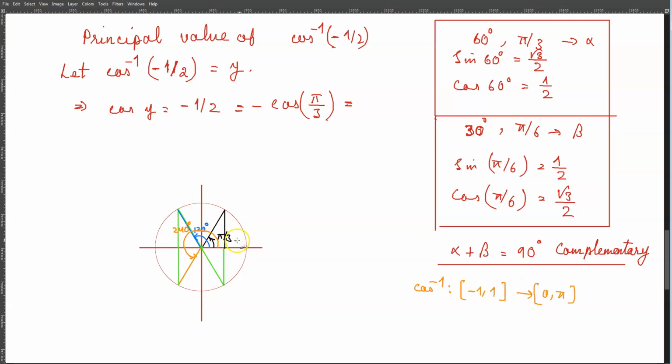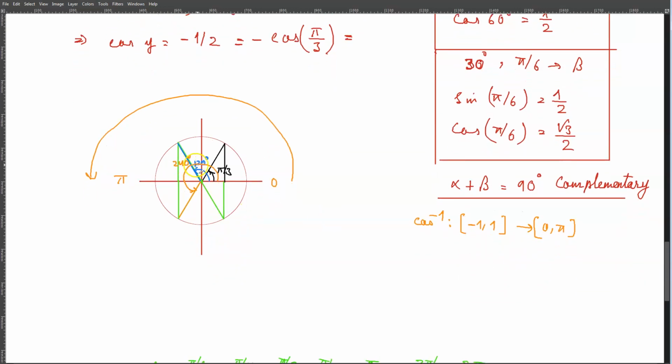So the only way I can use this function is to go from 0 to pi, from here all the way up to here, but I cannot go down here, which means that I have to take this angle, which is 120 degrees.